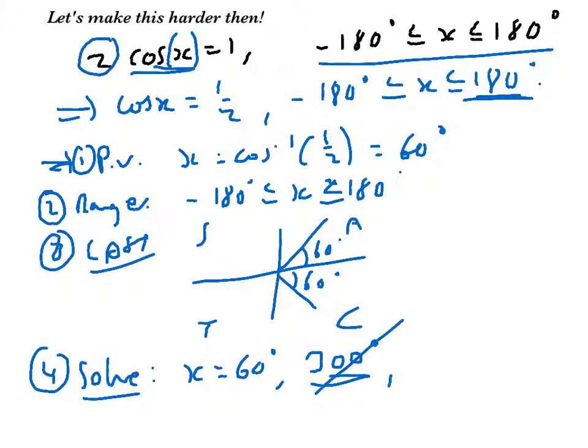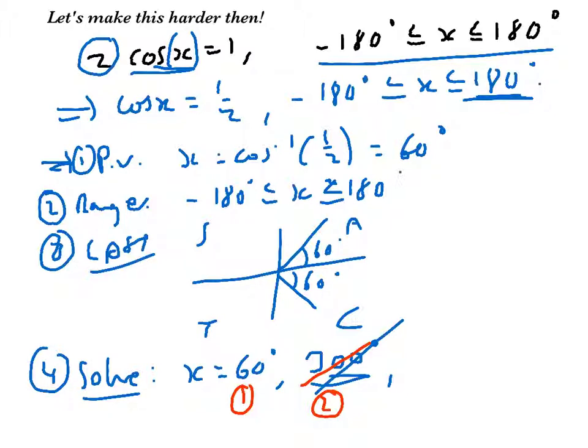So if I label this one number 1, this one number 2, even though we're not using number 2 in our final result, I look at number 1, 60 degrees. 60 plus the period 360 is 420. Too big, disregard. 60 minus 360 is minus 300. Too small, disregard. Let's now look at number 2. 300 degrees plus 360 is 660.